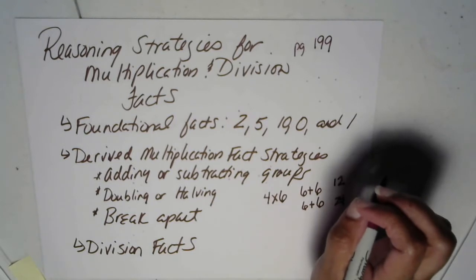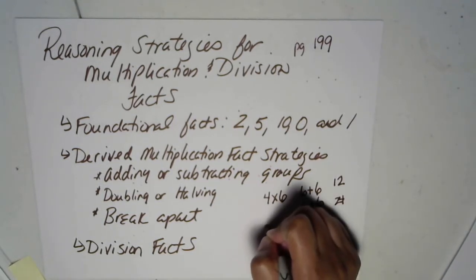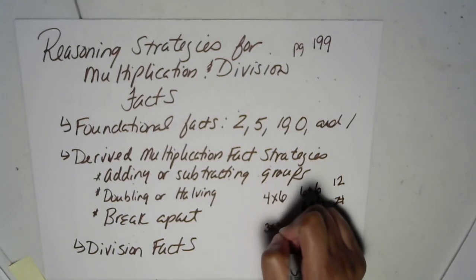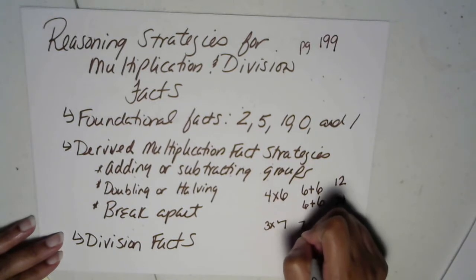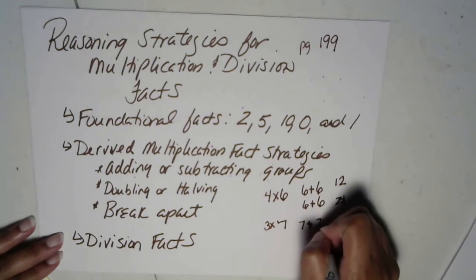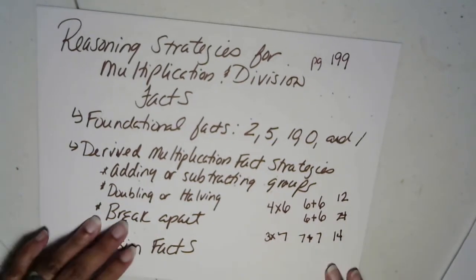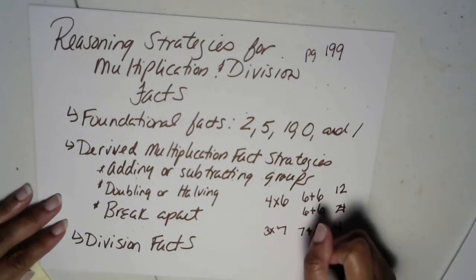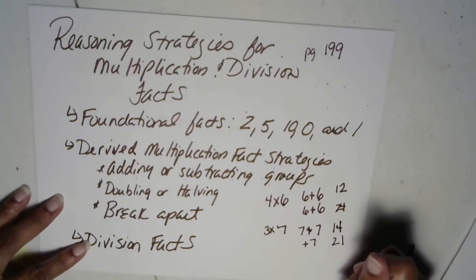Double and one more set. When I have 3 times 7, I could double 7 plus 7 equals 14. 14 plus one more 7 is 21.